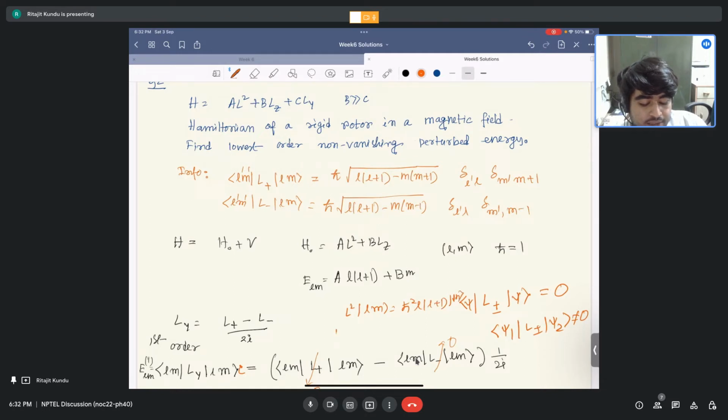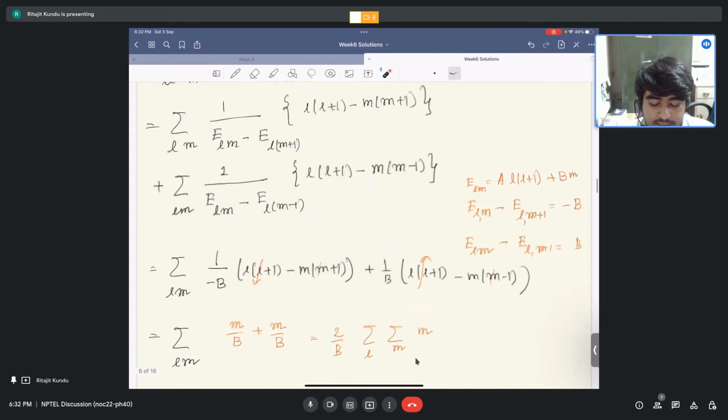And when Lz acts on |L, M>, this gives you h bar M times |L, M>. Using that, you will find that this energy becomes something like A L into L plus 1 plus B M. Here I have absorbed the h bar in the A and B, so I am not writing h bars anymore. This is the energy that we will find.